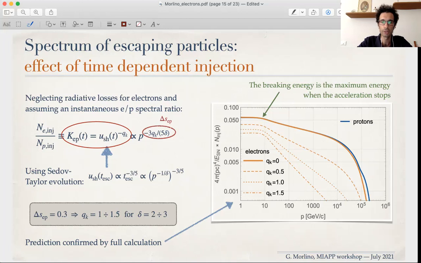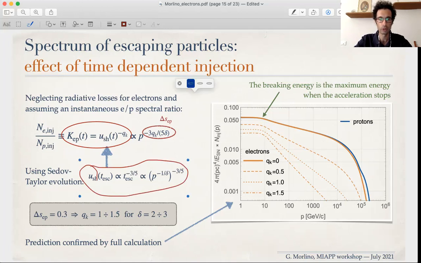Now the shock speed can be related to the energy of particles through the escaping time, and so through this equation here. And so we can connect the ratio between electrons and protons at each single momentum of the spectrum which is injected into the galaxy to these two quantities, Qk and delta.